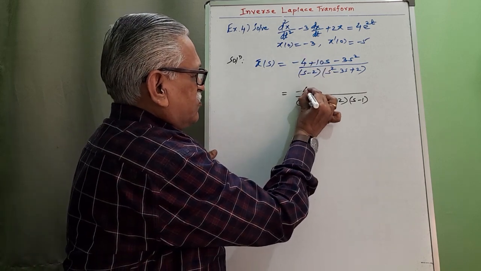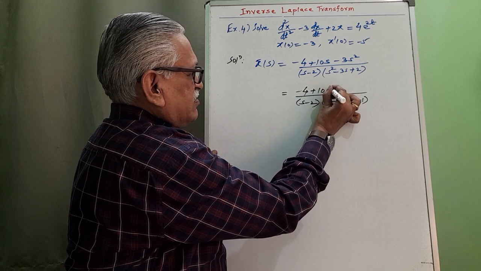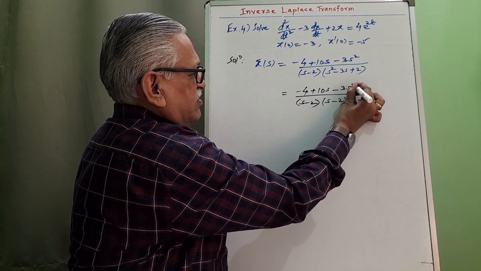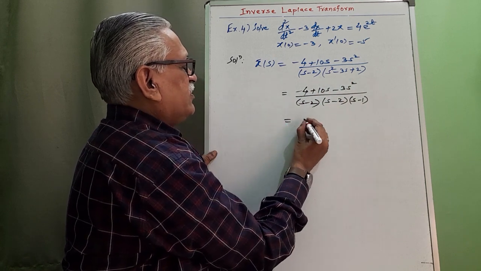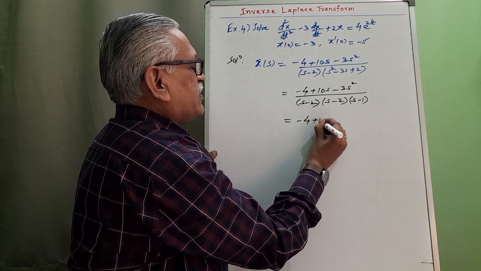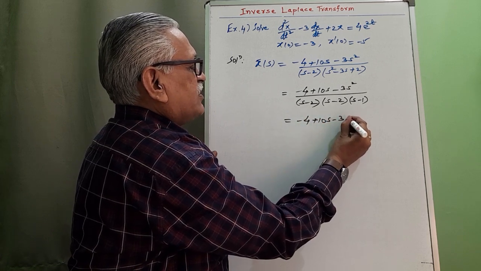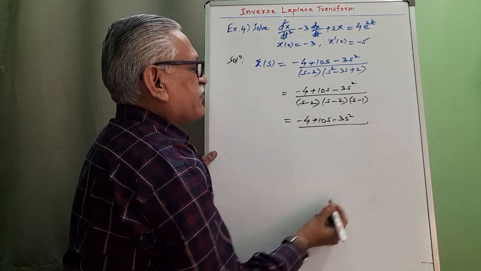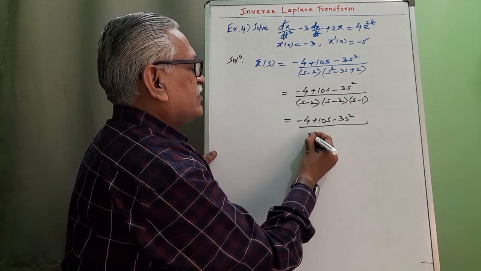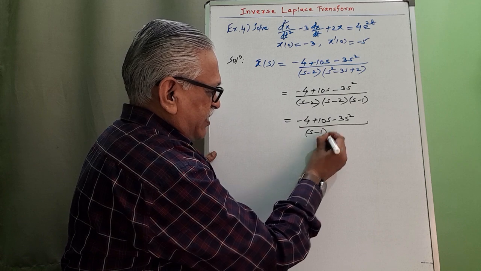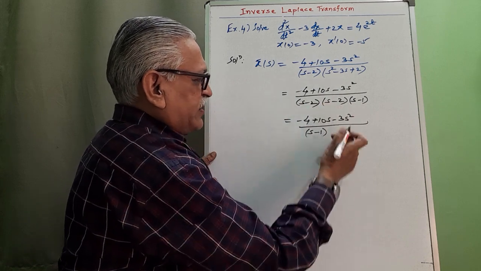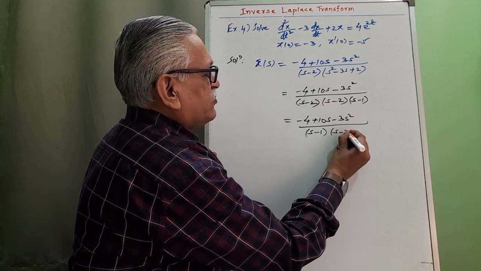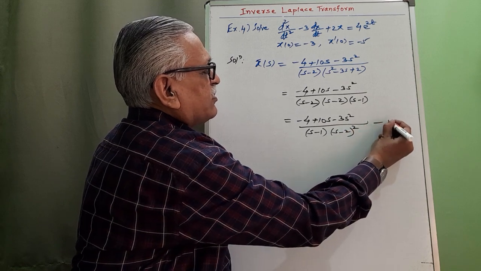Numerator is minus 4 plus 10s minus 3s square. And therefore, it is minus 4 plus 10s minus 3s square whole divided by the first factor s minus 1, and s minus 2 is a repeated factor. Therefore, it is s minus 2 whole square. We call this equation 1.